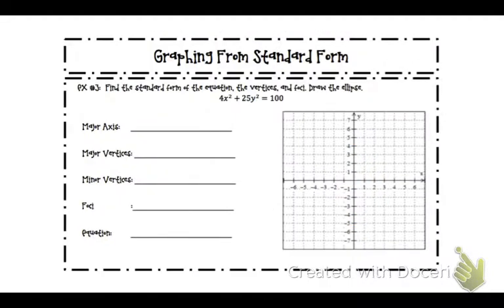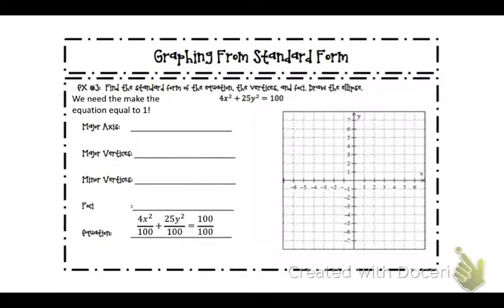Okay? Let's do this last one. So we have 4x squared plus 25y squared equals 100. Well, like I just said, this always has to be equal to 1. So I'm going to divide 100 by 100 because that will give me 1. Whatever you do to one side of the equation, you have to do to the other.